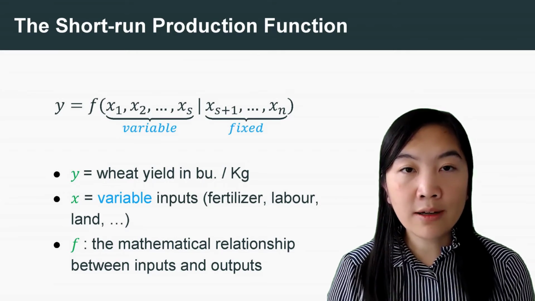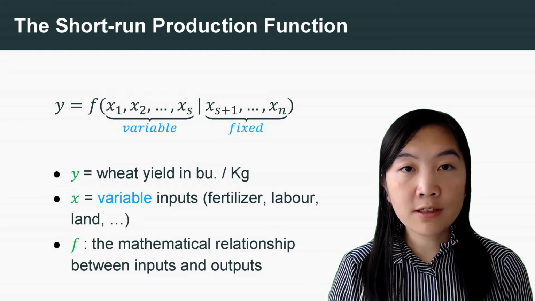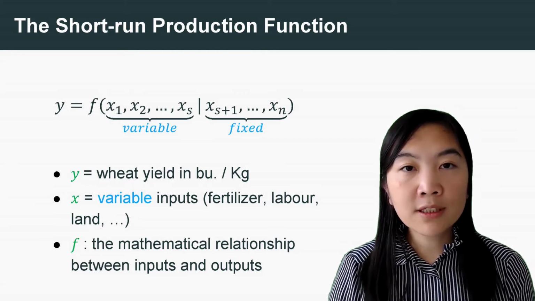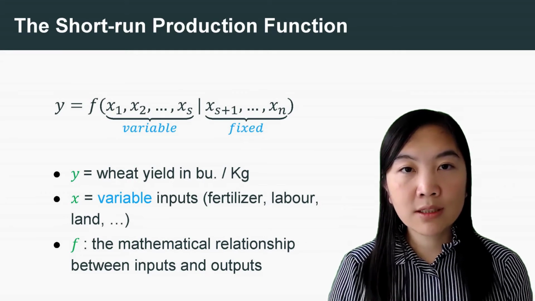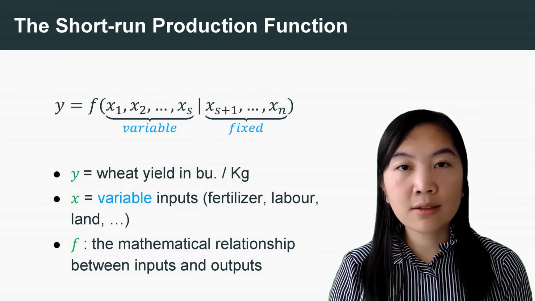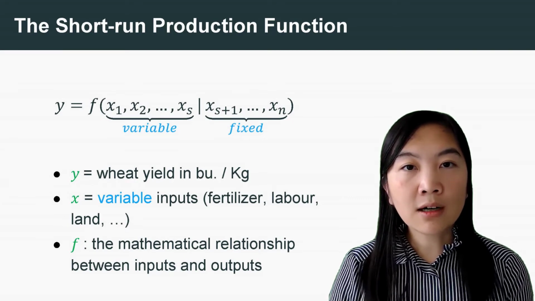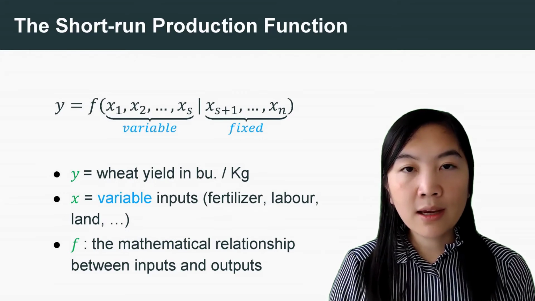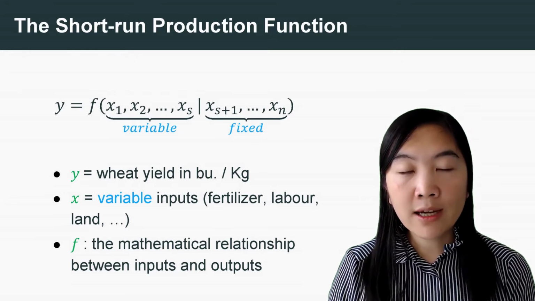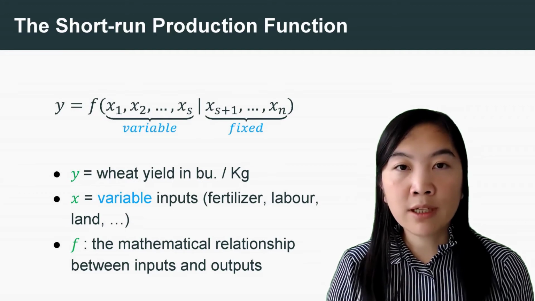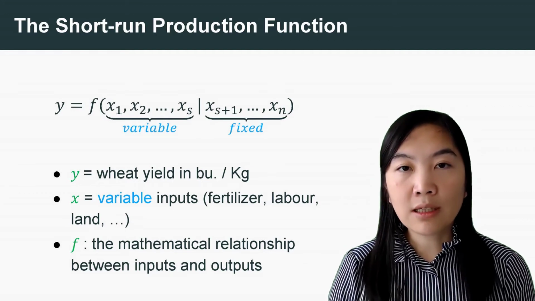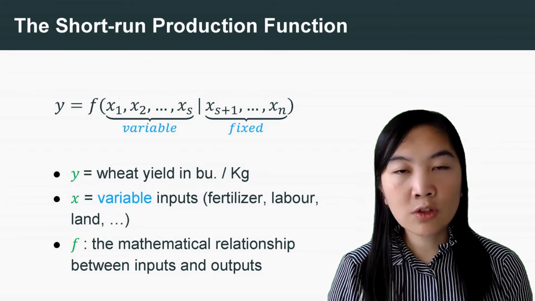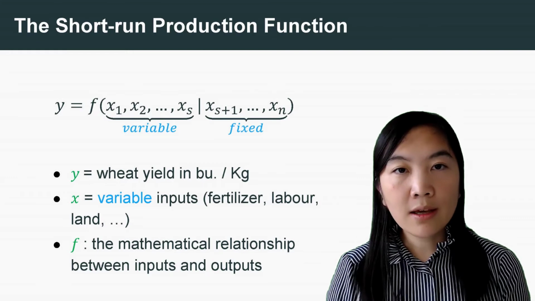So in the production function, we put the variable inputs on the left of a vertical line, which is x1, x2 until xs. There are s variable inputs in this function, and on the right of that vertical line, which we usually read as conditional on, we have x s plus 1 until xn, those are the fixed inputs.